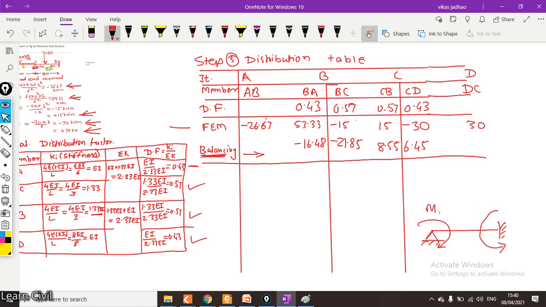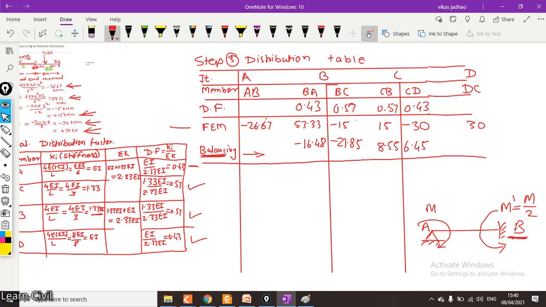If we are applying some moment M at this joint A, then some moment M dash will be developed at this joint B. The moment developed here, M dash, will be equal to M by 2 if this particular support B is a fixed support, meaning half of the moment is developed at this far end.